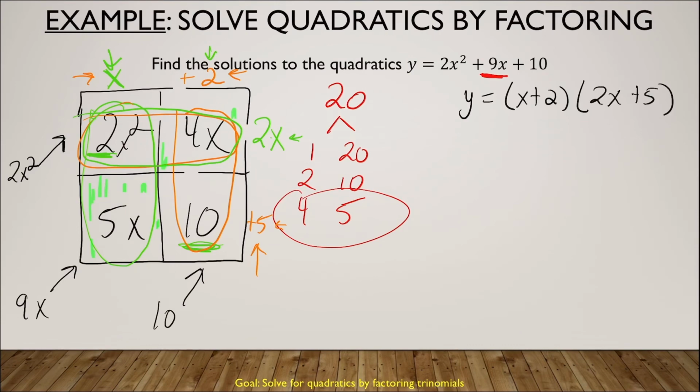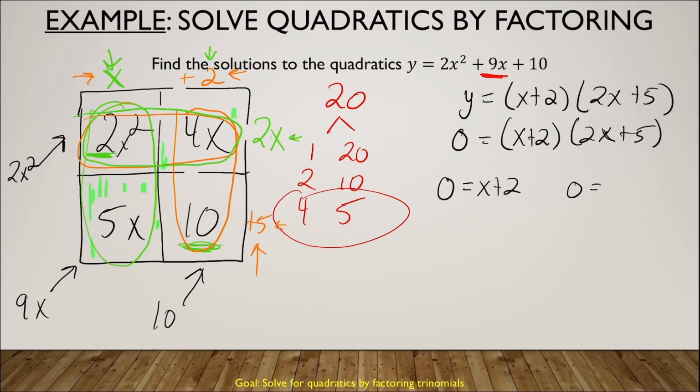So to solve this, I know this happens when y is 0. So 0 equals x plus 2 times 2x plus 5. And then we look at that zero product property, meaning that if one of them is 0, and I'm multiplying anything else, I multiply it by a 0. So I'm going to set this up as two equations. 0 equals x plus 2, and 0 equals 2x plus 5.